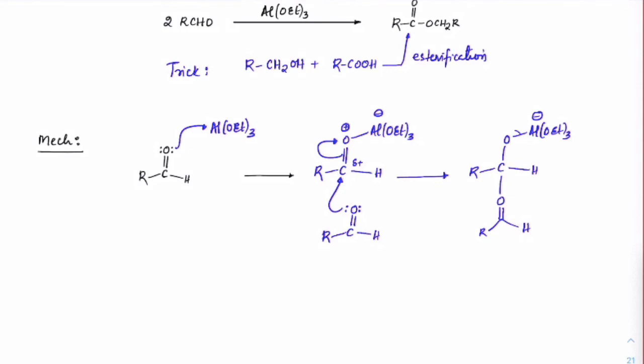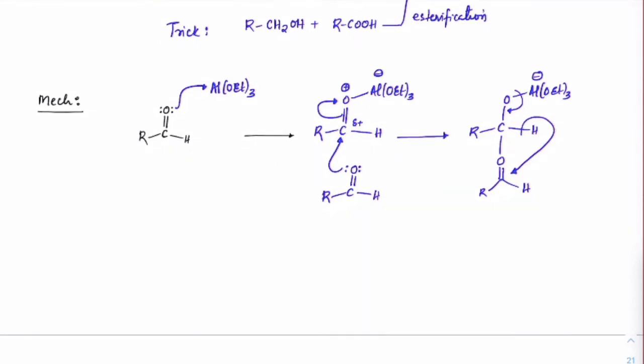Now as soon as this bond breaks and tries to retain the double bond back here, this hydride shift will take place here. So same logic here also. So O minus will try to close the bond, thereby hydride shift will happen on this carbon. So this is the H shift.